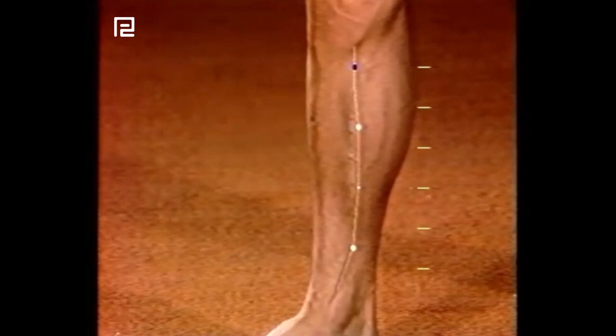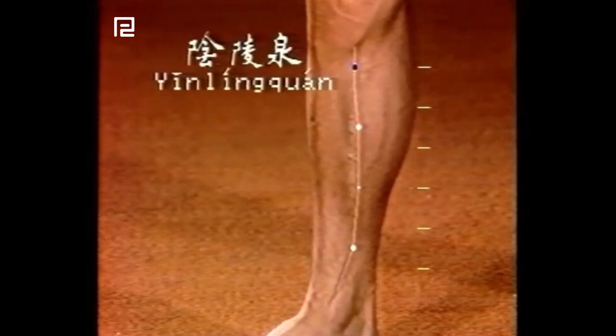Yinlingquan, spleen 9. On the medial side of the leg, in the depression posterior and inferior to the medial condyle of the tibia. It's the He-Sea point of the spleen meridian.